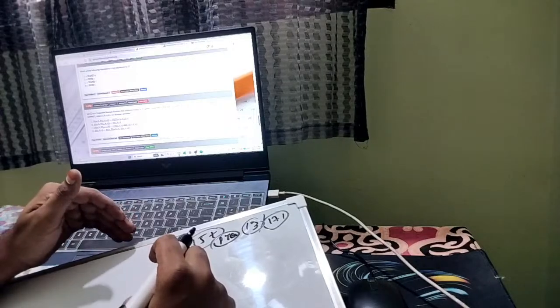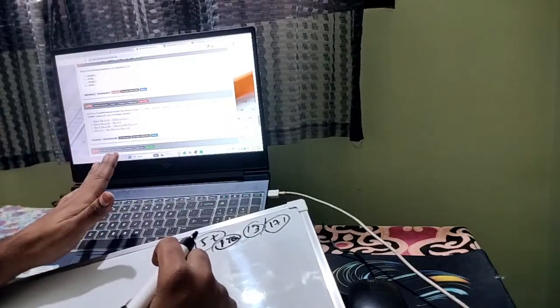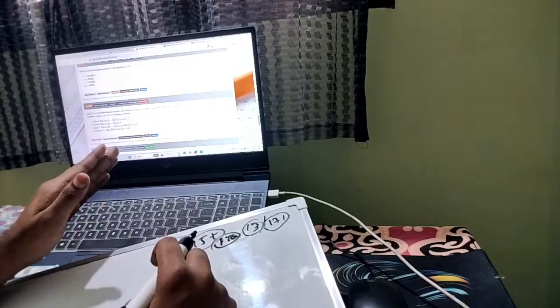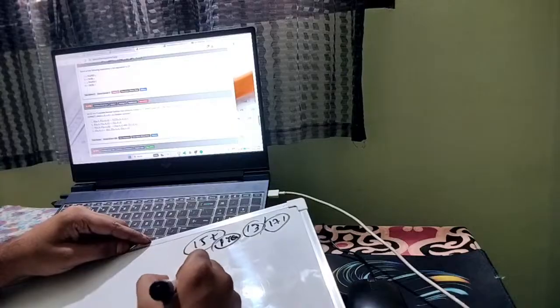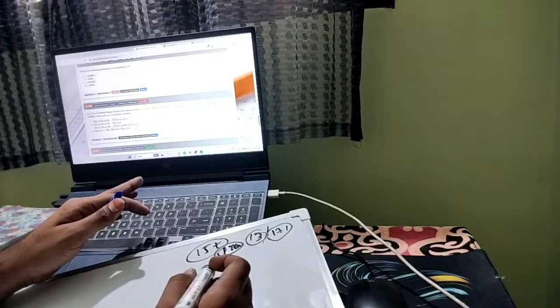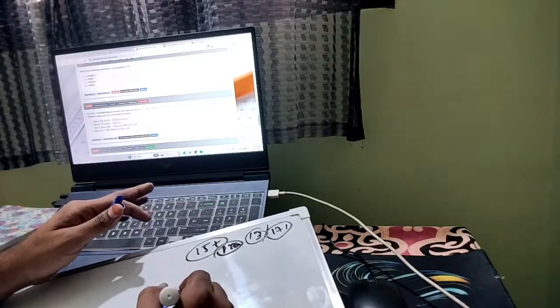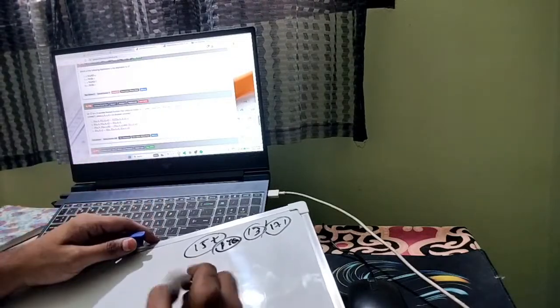Actually, a three variable Boolean function. Okay, it's a Boolean function. I think it is completed. It's a Boolean function. So what I'm saying, it is a three variable Boolean function that produces one output.